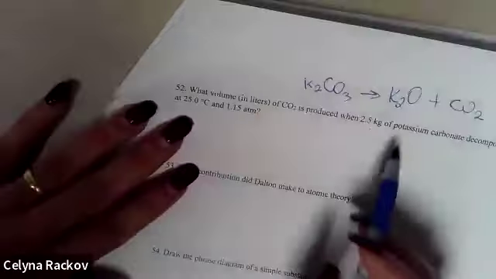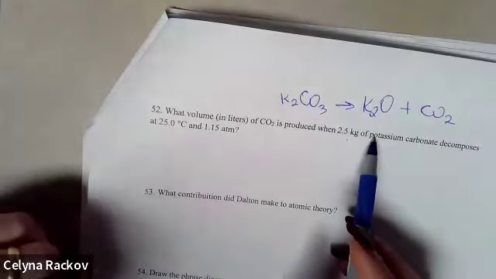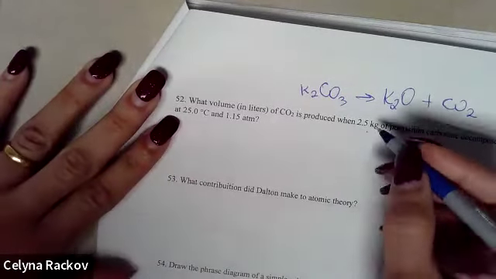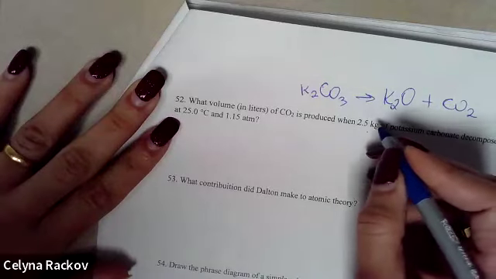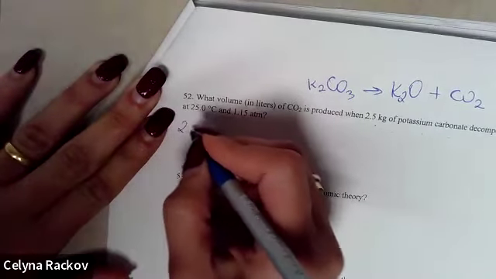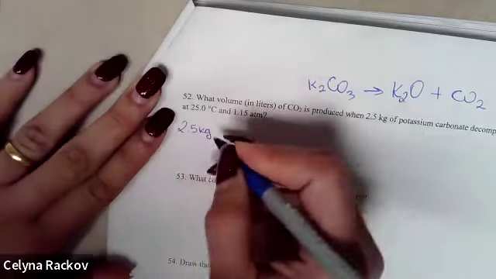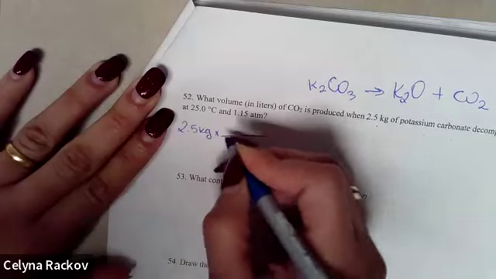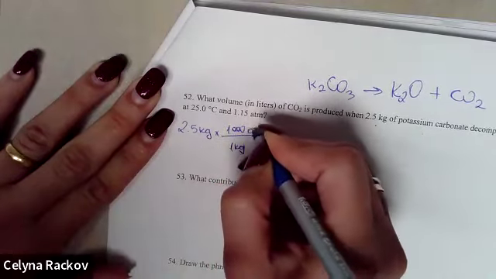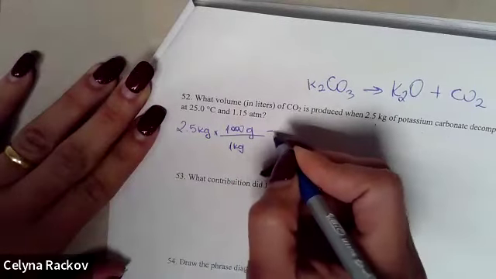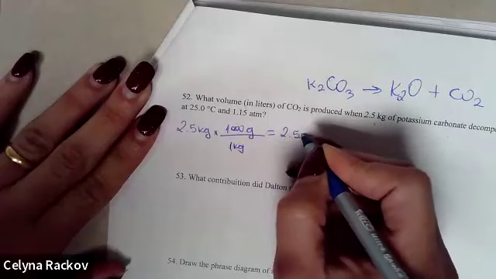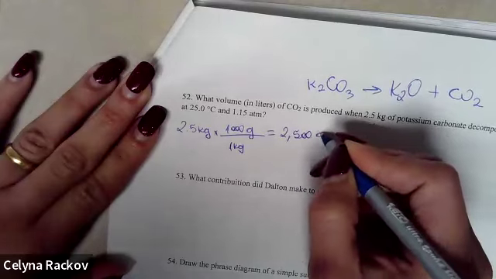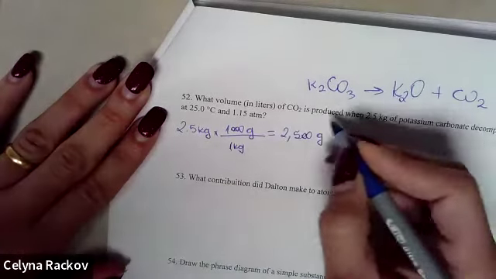So now let's convert the amount of potassium carbonate from grams to moles. So first you have it in kilograms. So each 1 kilogram, you have 1,000 grams. So here you have converted, it's gonna be 2,500 grams of potassium carbonate.